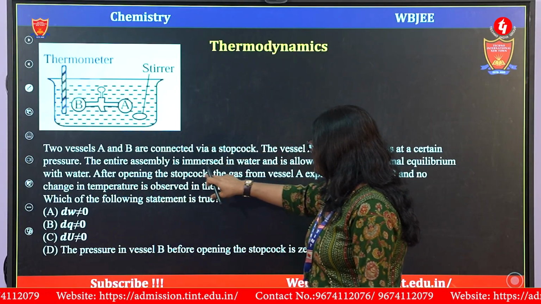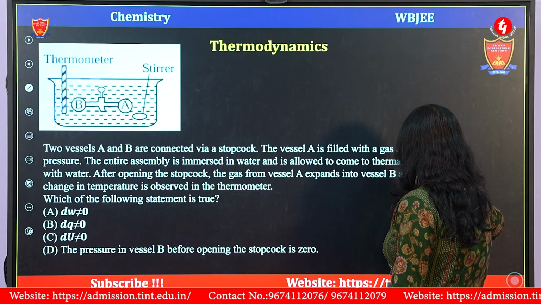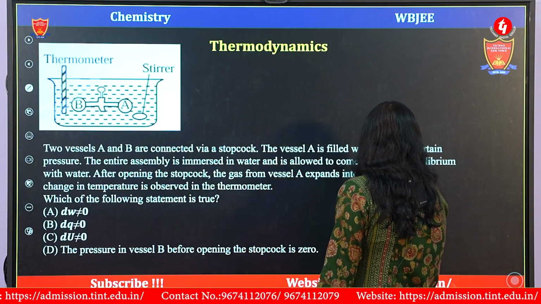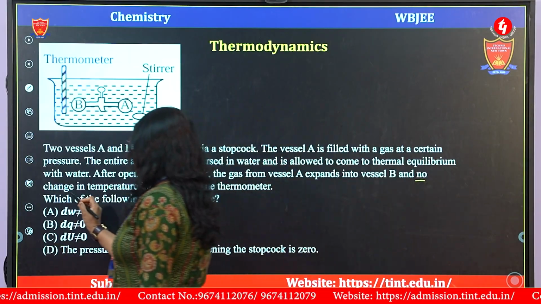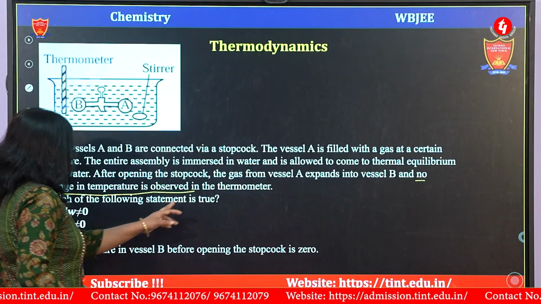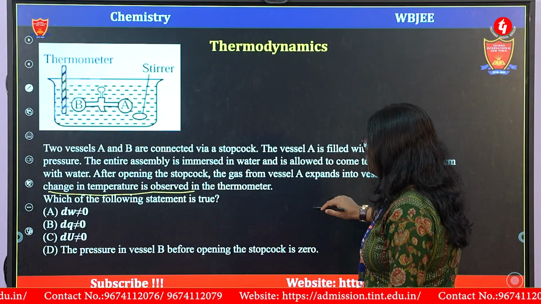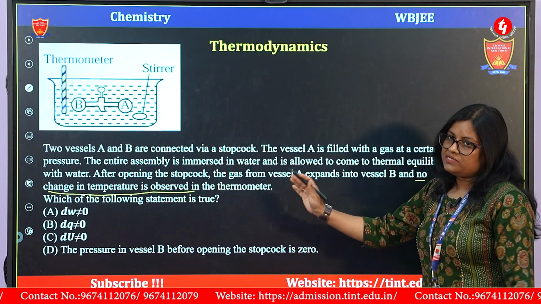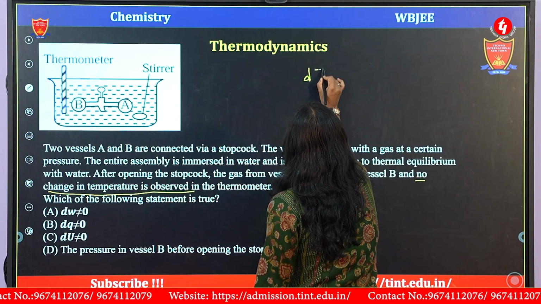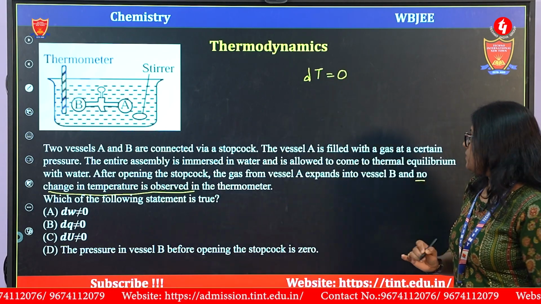After opening the stopcock, the gas from vessel A expands into vessel B and no change in temperature is observed in the thermometer. Which of the following statements is true? As no temperature change occurred, dT is equal to 0, the process is isothermal.